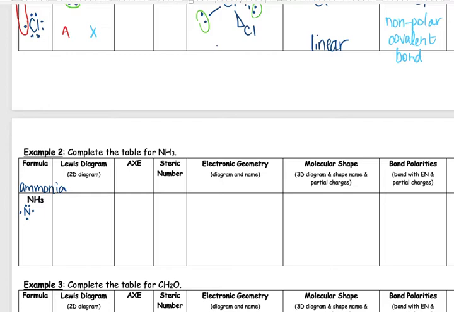Then, what am I attaching to the nitrogen? I'm attaching hydrogen, 3 of them. So 1, 2, 3, like that. This is kind of practicing all our lessons here. There's that sharing, and there's that sharing. We have a non-metal and a non-metal coming together. So here is the Lewis diagram.